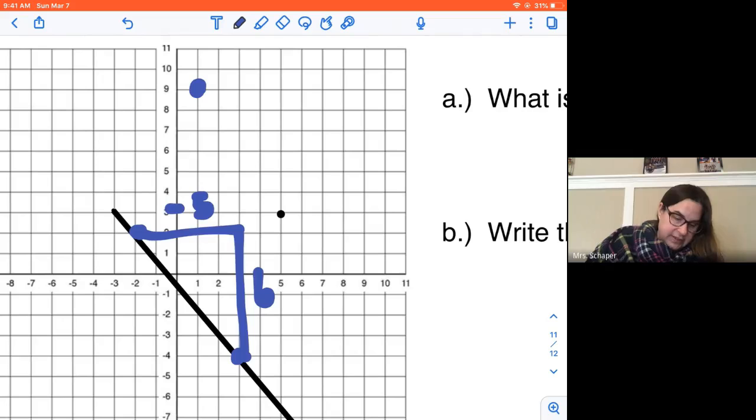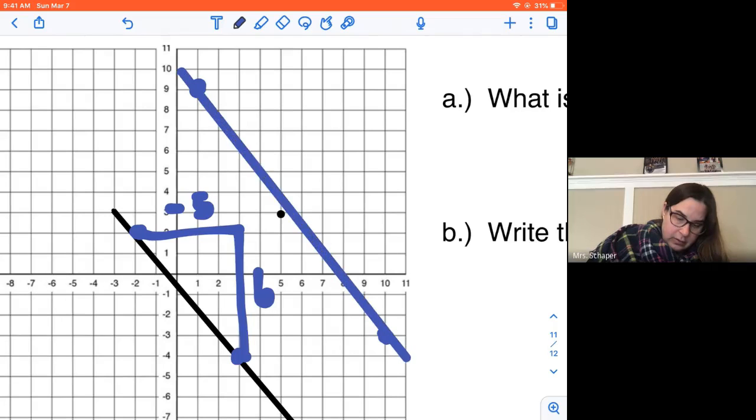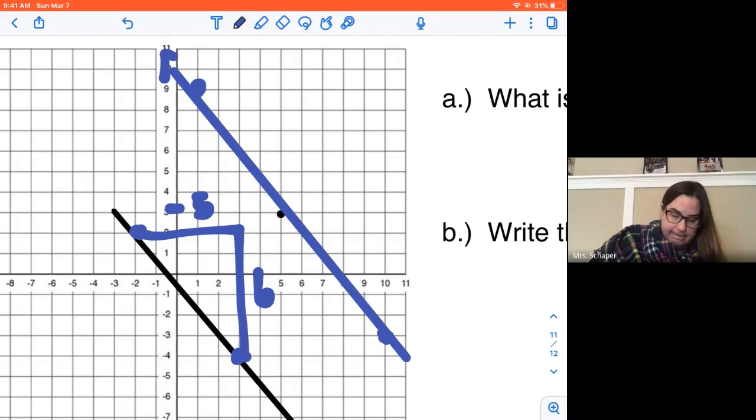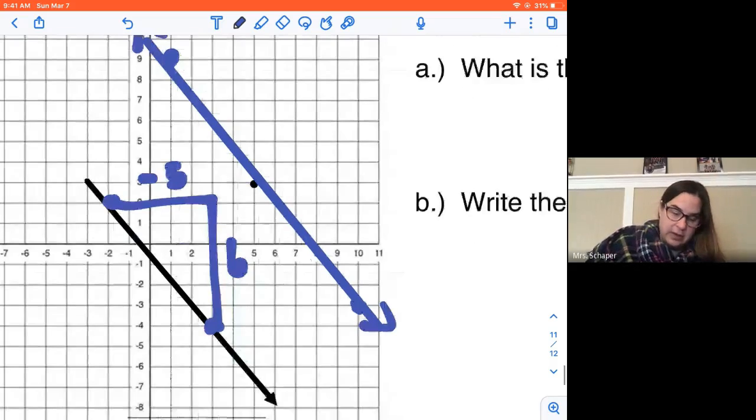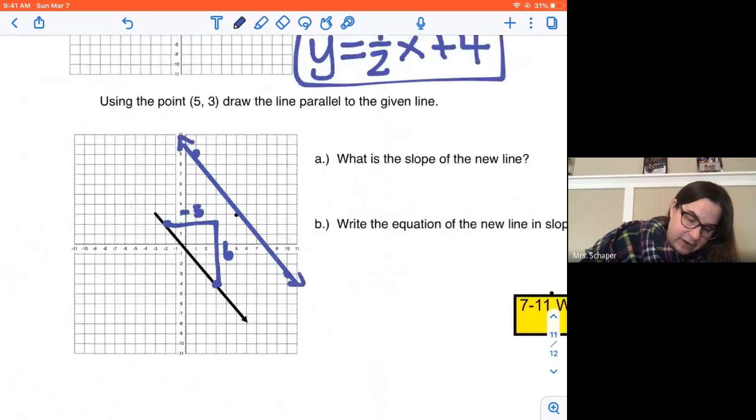I'm going to go down 6, over 5, put a dot, and I'm going to draw my line. Okay. So my slope is -6/5.